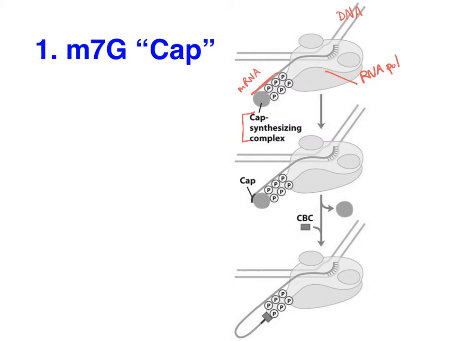So as soon as the mRNA reaches that cap synthesizing complex, this 5' cap is put on, and the RNA will continue processing as RNA polymerase moves along the DNA, and ultimately the mRNA, when it's released from the RNA polymerase, will have this cap attached to it.